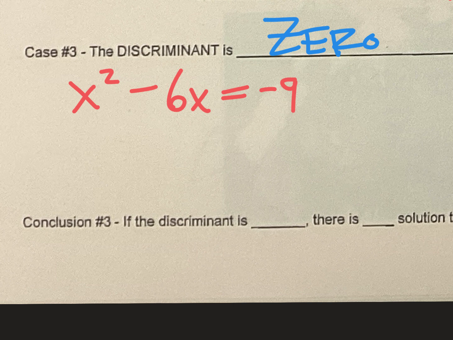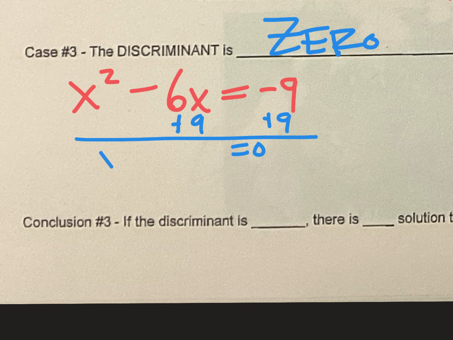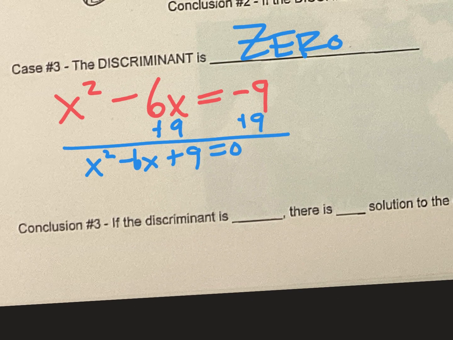Keep in mind you'll need to make these equations equal to 0 before you start. So if that's the case, I got to add 9 to both sides and get x squared minus 6x plus 9 equals 0. Now I can go ahead and go to work with the discriminant.